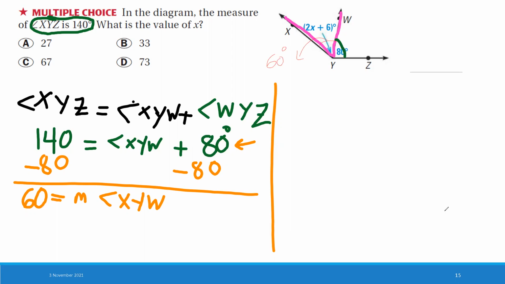So in numbers, the measure of the angle XYW is 60. And in expressions, XYW is 2x plus 6.